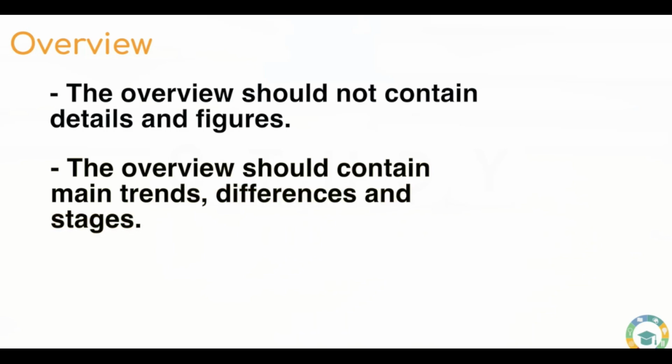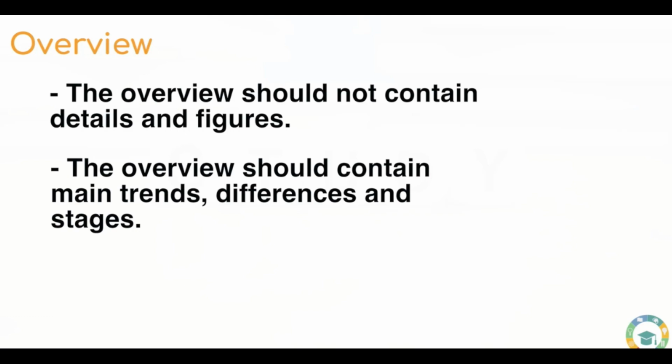Firstly, your overview should not contain a lot of specific figures and detail. However, the overview should report the main trends, or if you like, the big picture of the visual information given to you. Instead of saying car sales rose by 20%, you would simply say car sales increased.